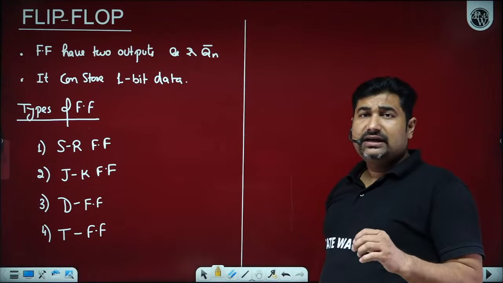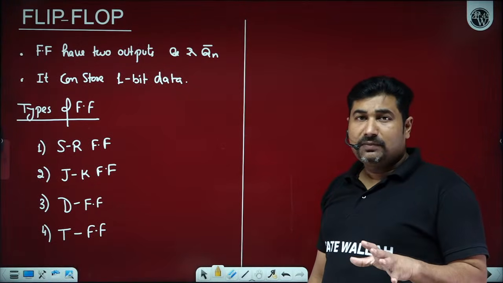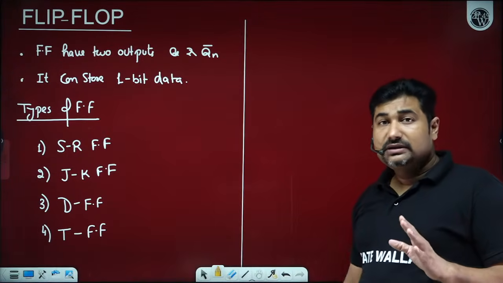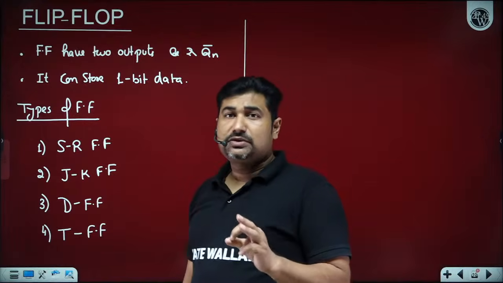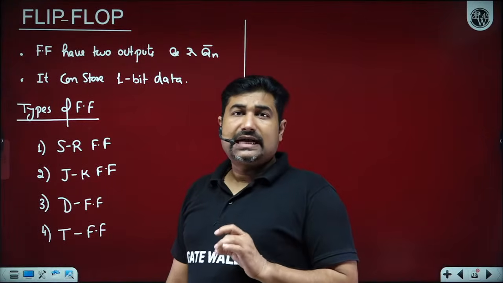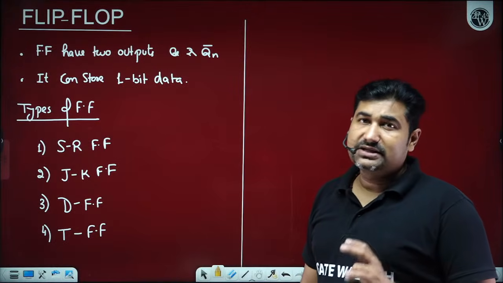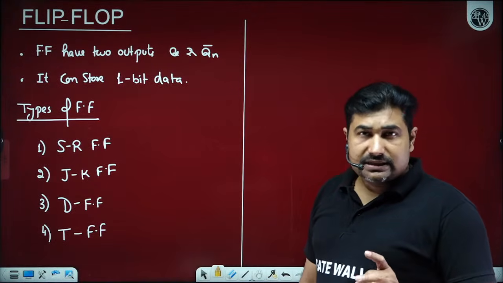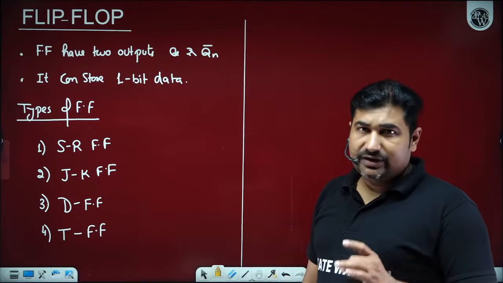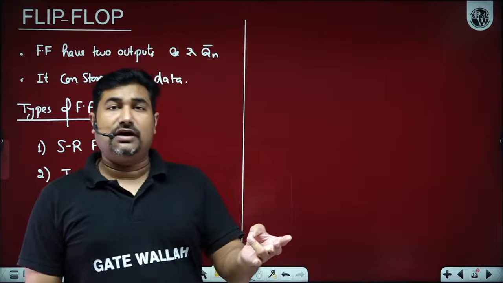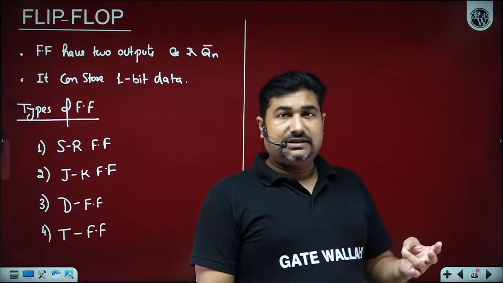To understand or to use any flip-flop, we must know about 3 tables. The first one is called the truth table, the second is the characteristic table, and the third is the excitation table. The characteristic table characterizes the behavior of the flip-flop. The excitation table tells us how to use the flip-flop in our application. Is it okay?